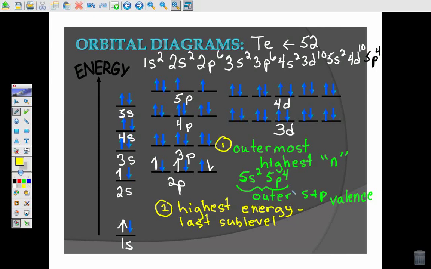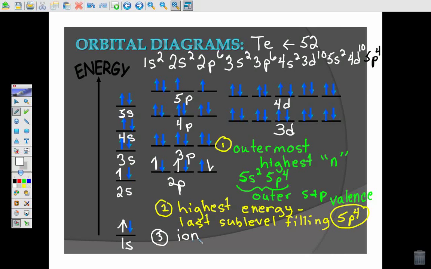Sometimes it's going to be the same as the outermost, and sometimes it won't. In this case, the last we were filling was that 5p. So those 5p4 are our highest energy electrons. So that's one term.